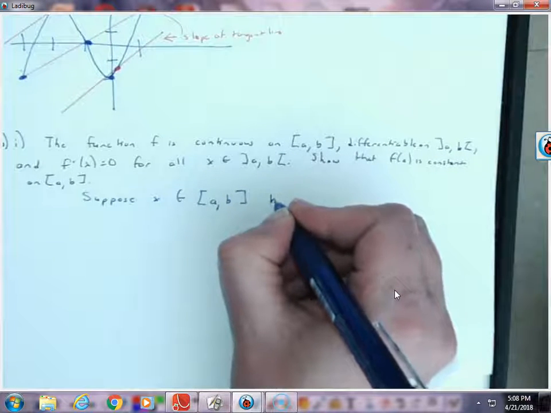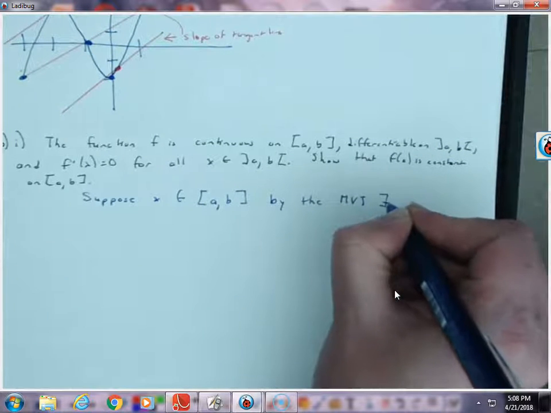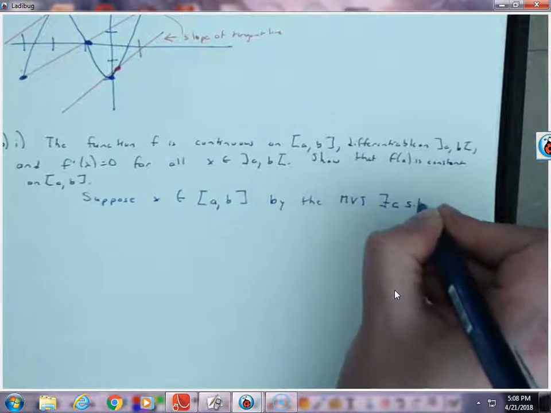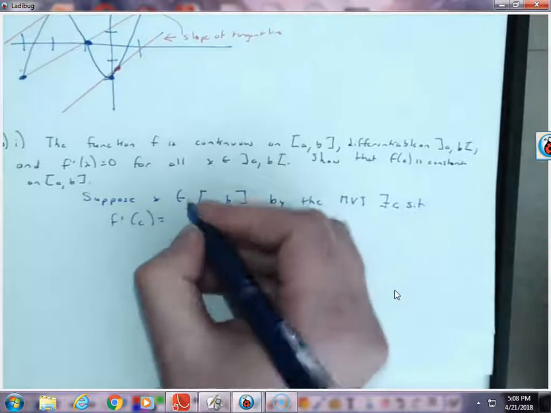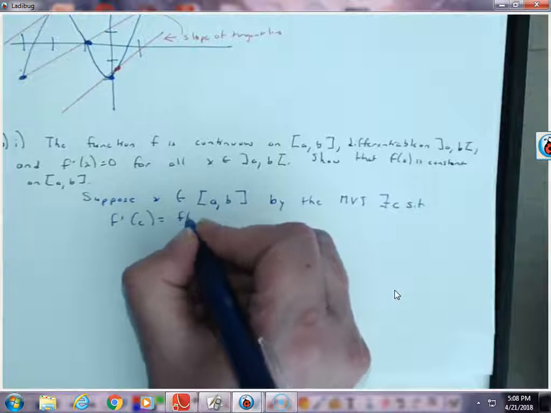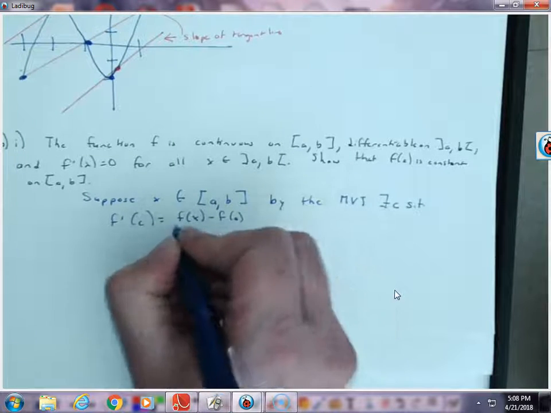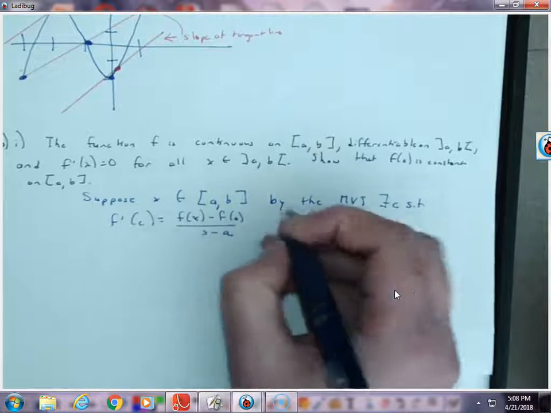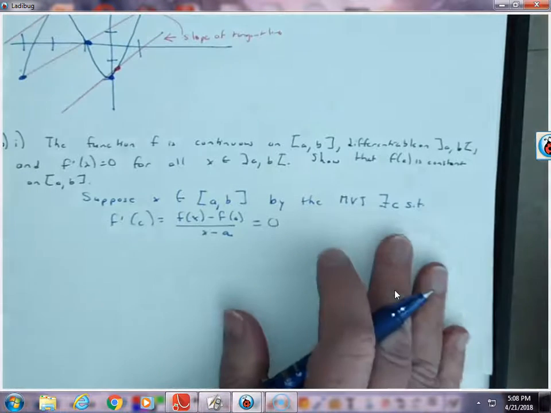Okay, and so then, by the mean value theorem, there exists a c such that the derivative is equal to, and I'm just going to do the slope between x and a now. And we're saying that that has to equal 0 because it's equal to 0 the whole time.